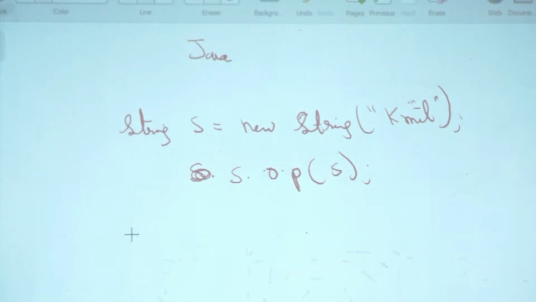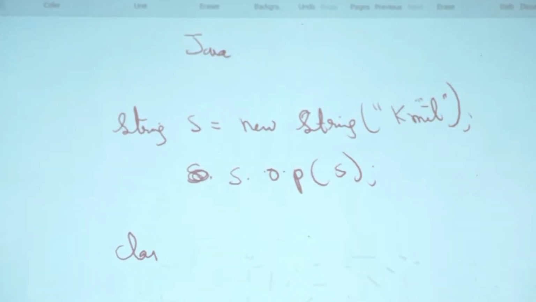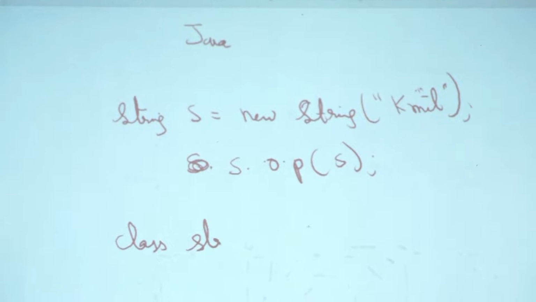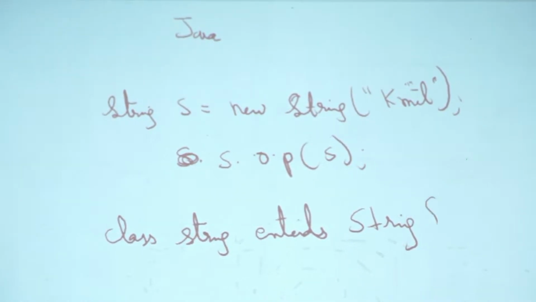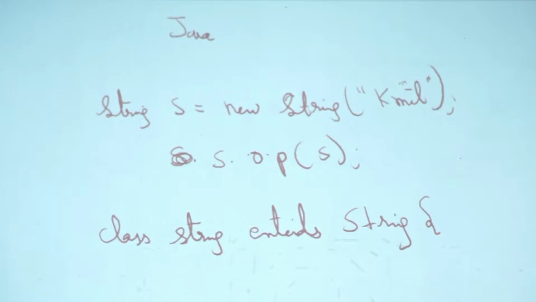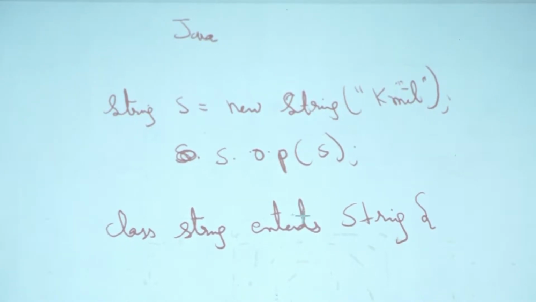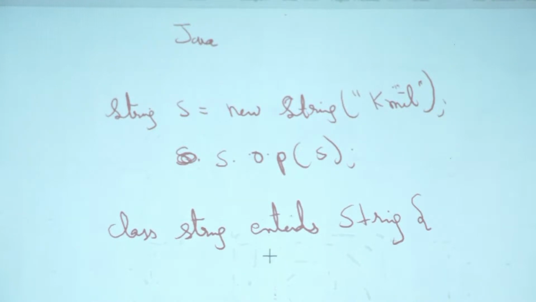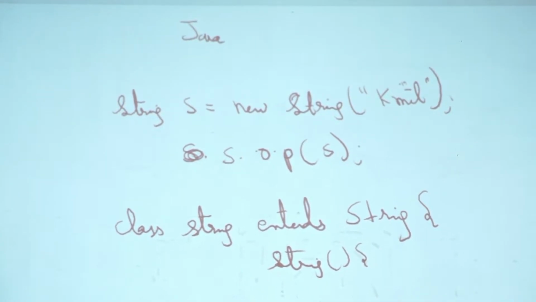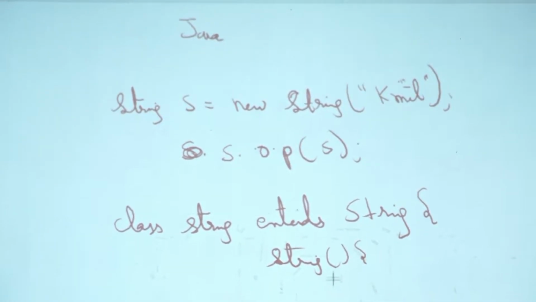What I have done is, I have said class string extends String, and you know what I have done? I have overridden almost all the methods, including the constructor, which I am not putting the parameter on, you can put the parameter.